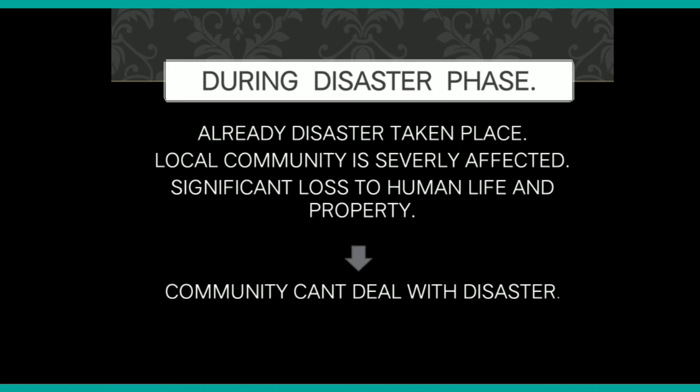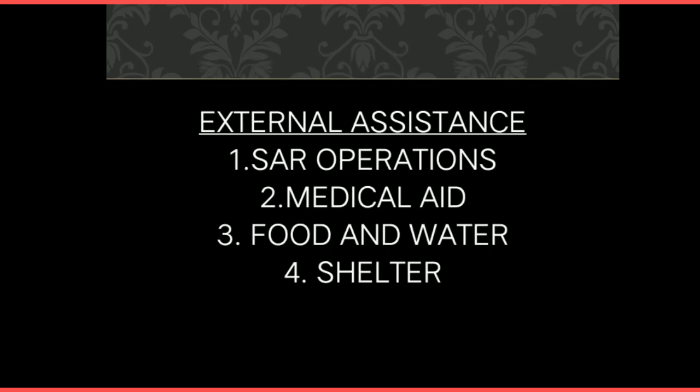In this event, various steps have to be taken by the state government as well as the central government, because this is the during-disaster phase and the disaster has already taken place. There are three main steps involved in this phase. First, an emergency response system is implemented, and the first step is search and rescue operations, also known as SAR operations.